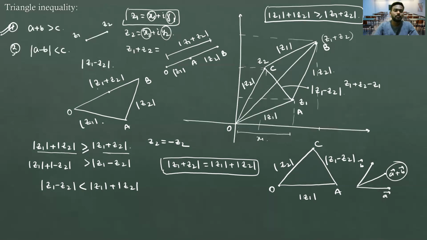Now using this property, can I say that length of OA minus OC, mod basically, will be less than AC, right? Right or not? Tell me. So here we can say modulus of z1 minus modulus of z2 less than modulus of z1 minus z2.